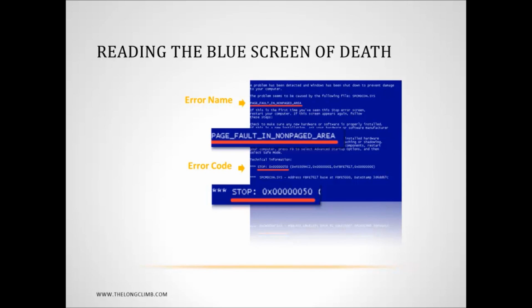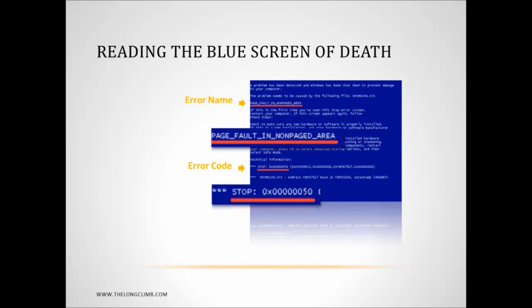Further down, just under the stop error code, there's information on an actual driver that has crashed, in this case spcm.dcon.sys, and you'll want that information. That's useful, but these two main bits of information are your big clue. With this information, you can look up the blue screen of death online and get more information on it.